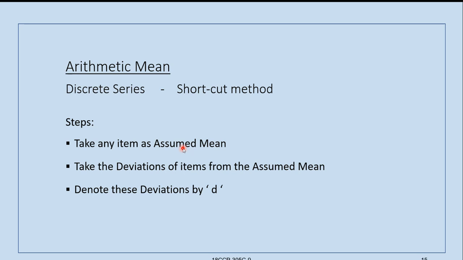We can assume any value. But if the value is taken very nearer to the midpoint of x series, the calculations will be minimized. So it should be taken almost from the middle point. That we will see in the problem. The deviations are denoted by d, as I said.